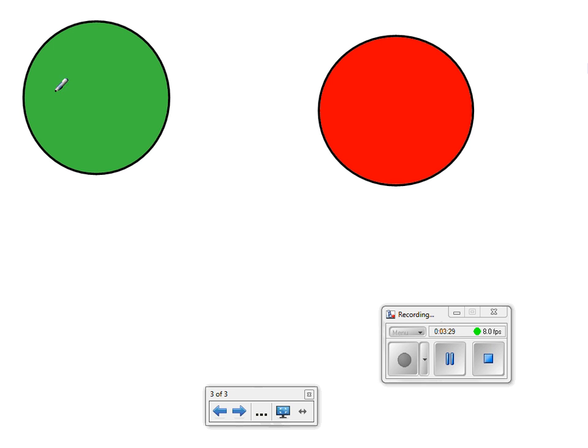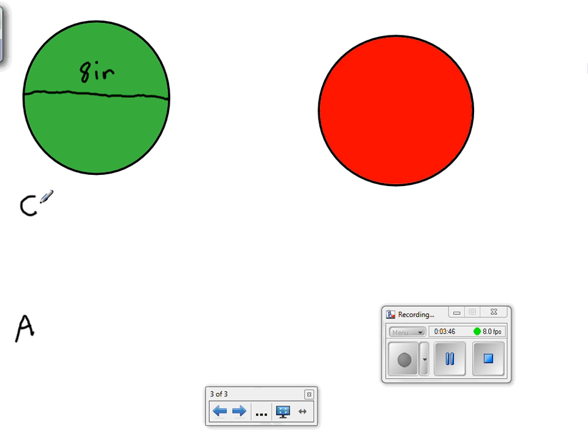Just a couple examples. Let's say we're given the diameter, and our diameter is 8 inches. We're going to find both the circumference and the area.